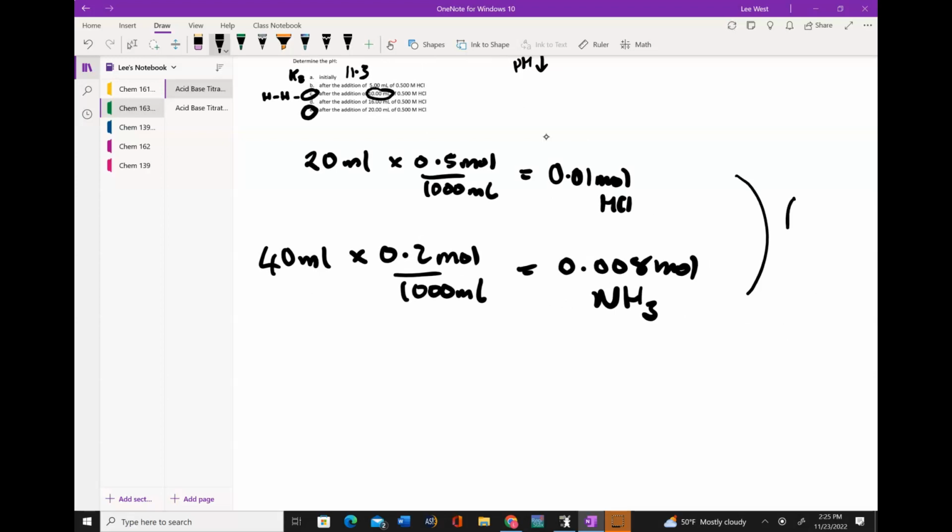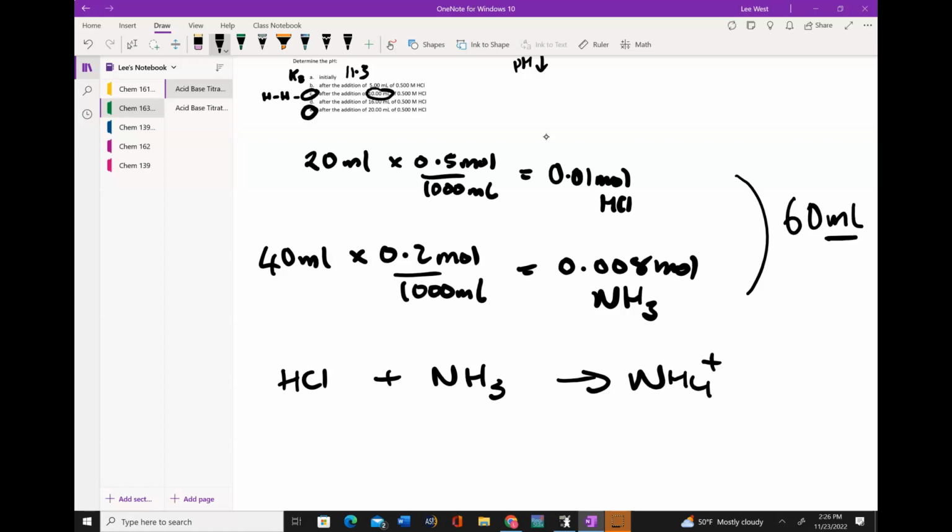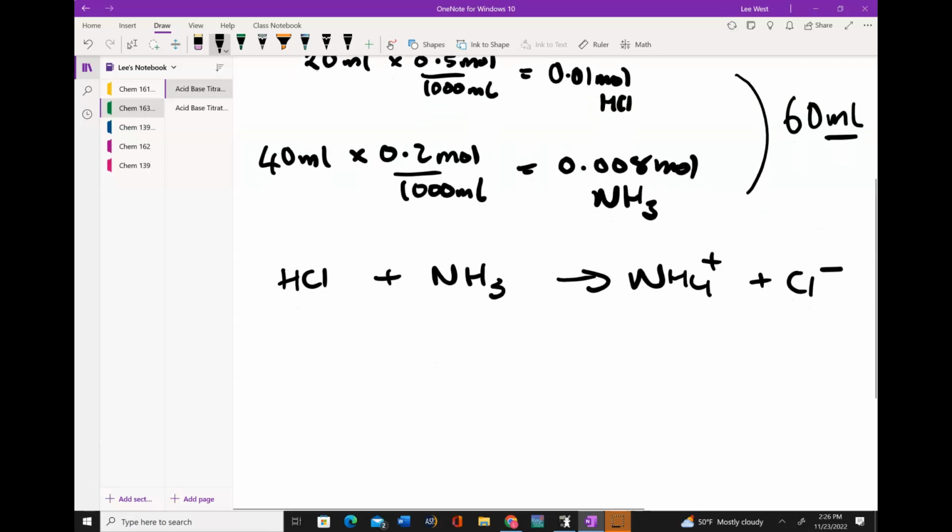The first thing to note is that we're going to have 60 mL total volume. We need to know that because we are at or beyond the equivalence point, so we're going to have to account for dilution. So I combine HCl and ammonia, and that's going to make the ammonium cation and the chloride anion.